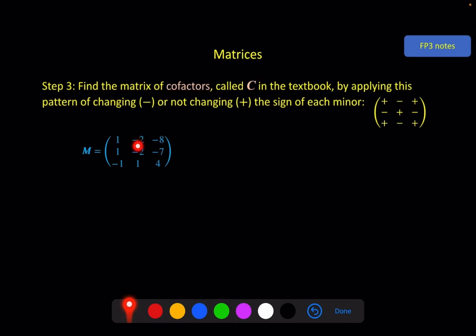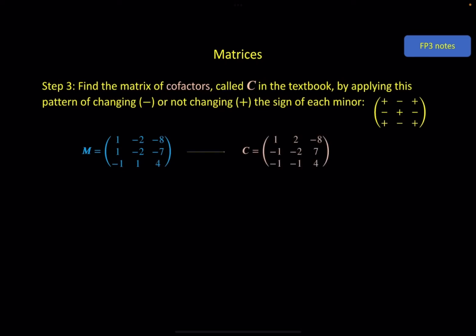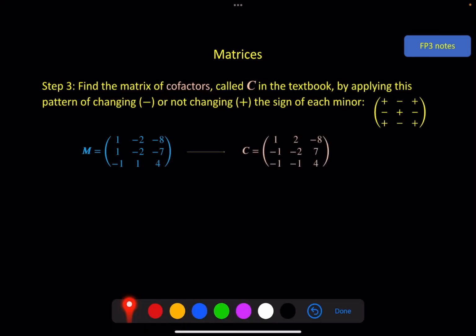So here, -2, if you apply a negative to that, it becomes +2. This will become +7, and we need these two as well, so this will become -1, and so will this. But the other 5 in the cross here, these will not change. So these 3 will remain negative, and this one will remain positive, like this.